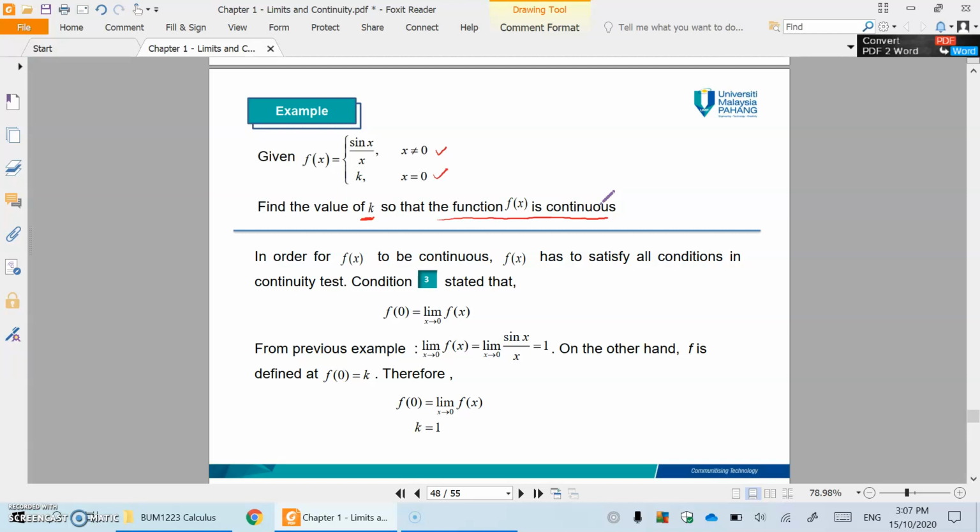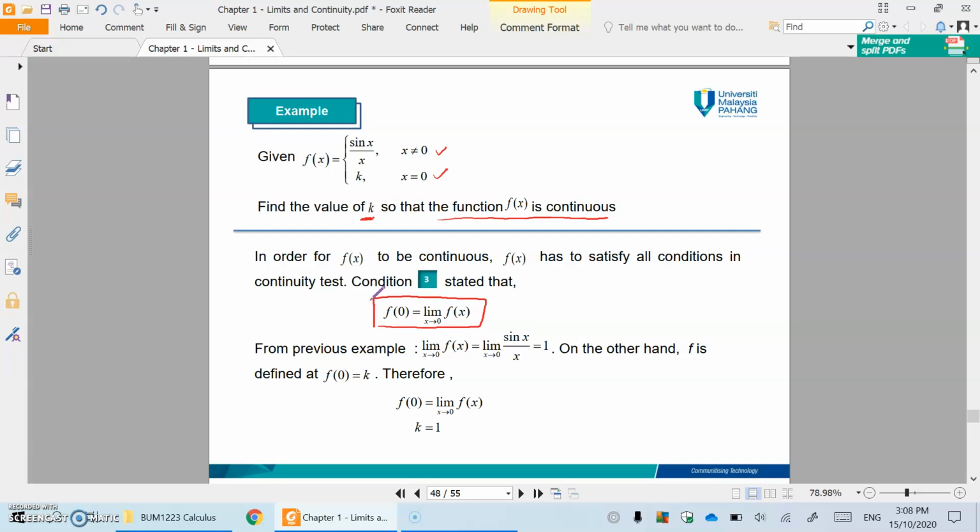When the function is continuous, the most important information is that f(0) must be equal to the limit of f(x) as x approaches 0.